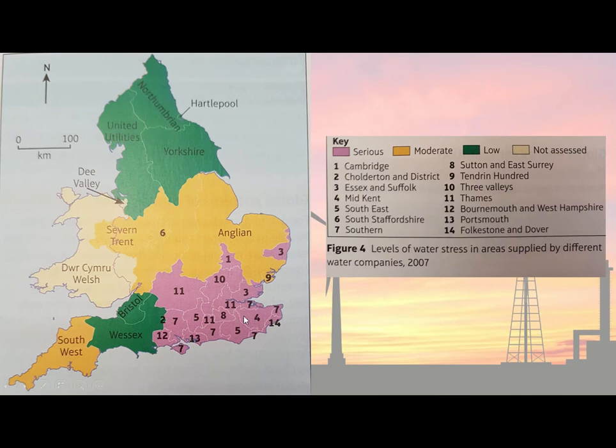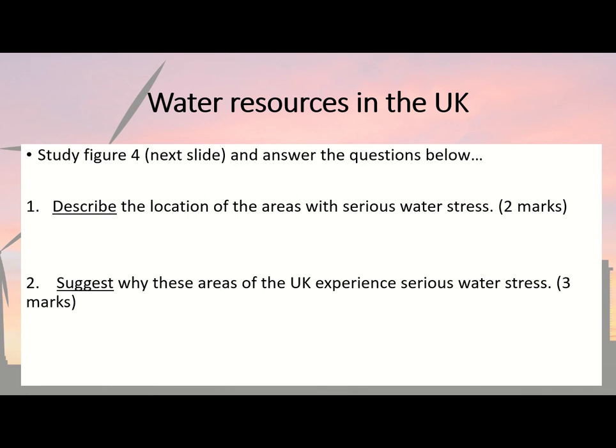So when you're looking at this map, I'd like you to use your skills from last lesson to describe the location of areas with serious water stress. No big deal, 2 marks. Okay, try and be fairly specific if you can. Then question 2 is like an explain question.